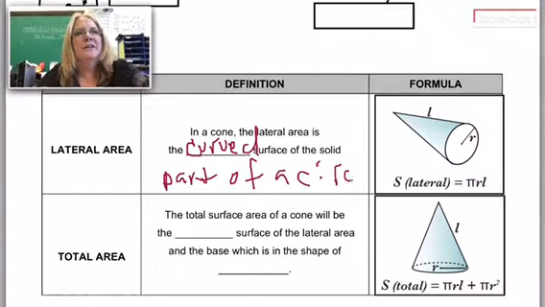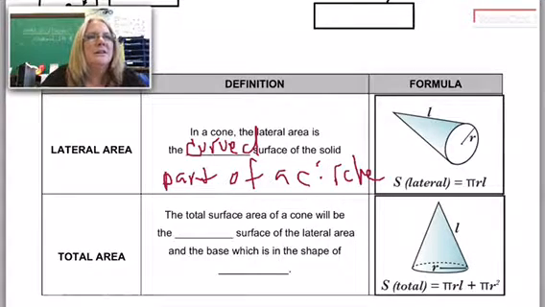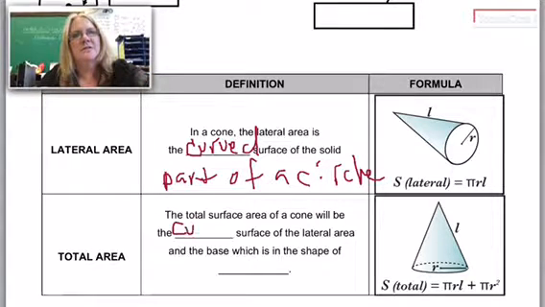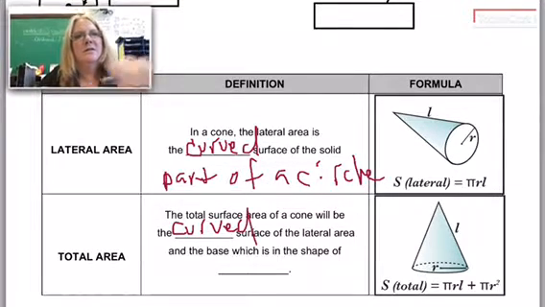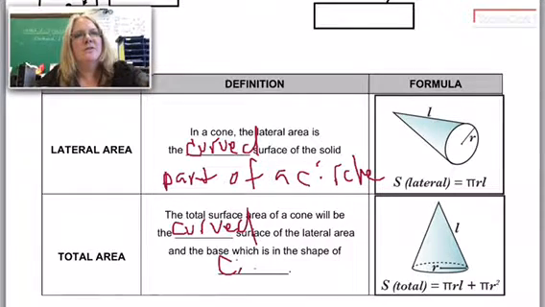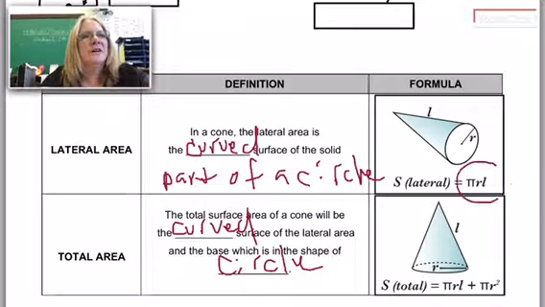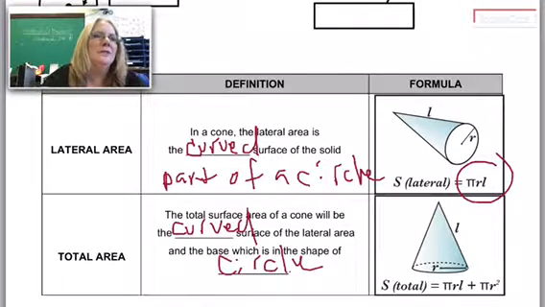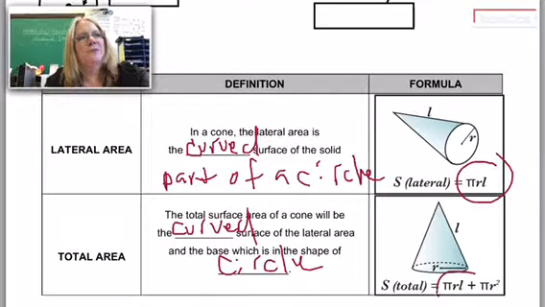The total surface area of a cone will be the curved surface and the base, which is in the shape of a circle. Okay, so here are our formulas. Pi RL for lateral. Here the L is talking about the lateral edge on the cone itself. We don't have a slant height. And then pi RL plus pi R squared, because the base is a circle.